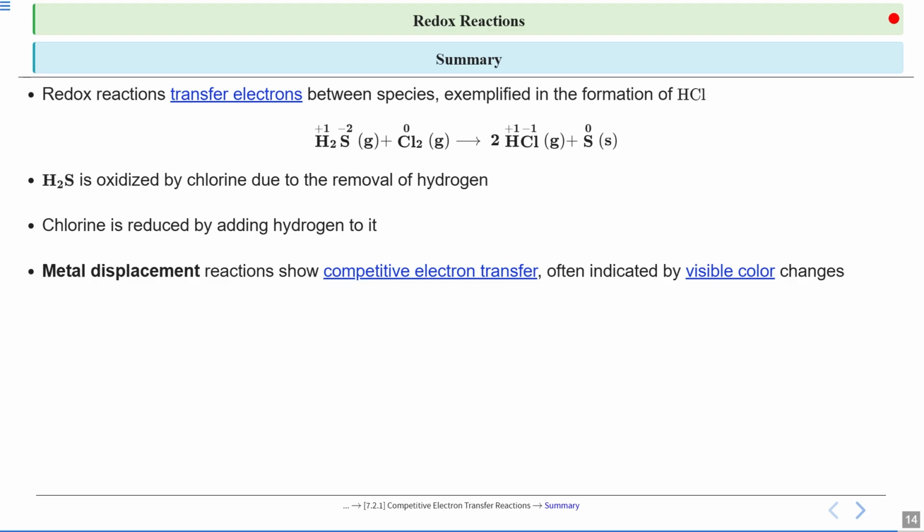That means if we have to understand the metal displacement reaction, how can we understand it? By looking practically. These metal displacement reactions show competitive electron transfer, which was indicated by the visible change in color in the examples.